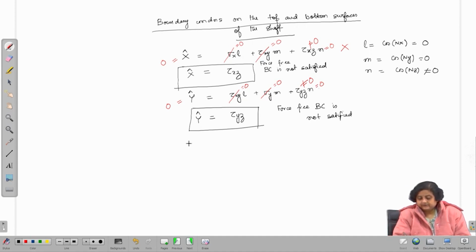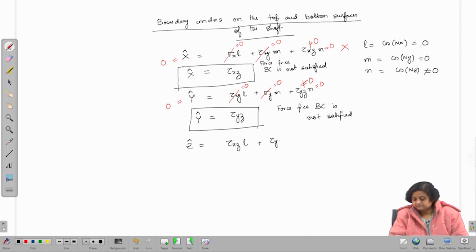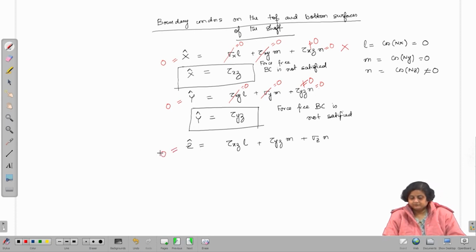Now, let us see the third case where I have z hat. Out of this, z is equal to 0, ideally it is a force free thing. So, tau x z is not equal to 0, but L is equal to 0.